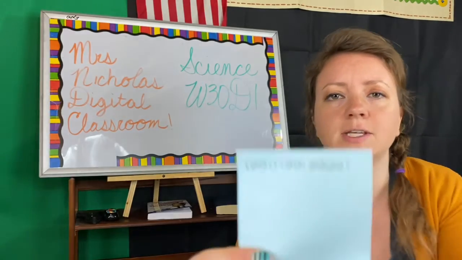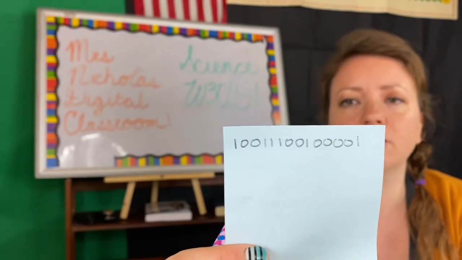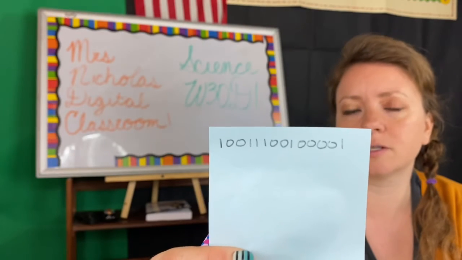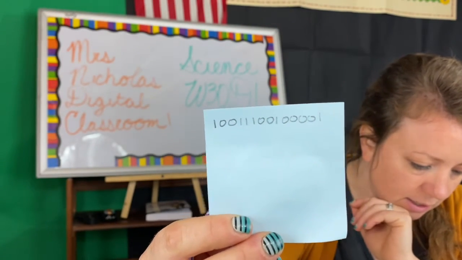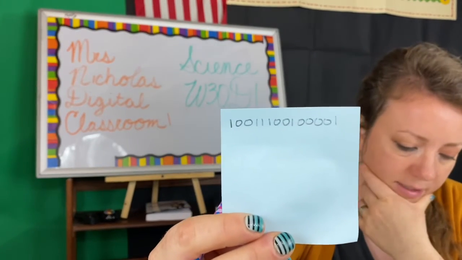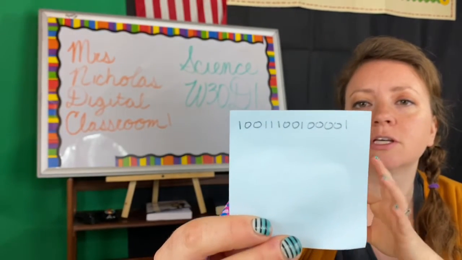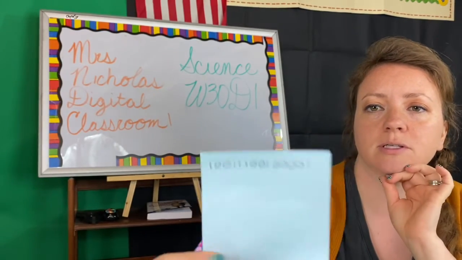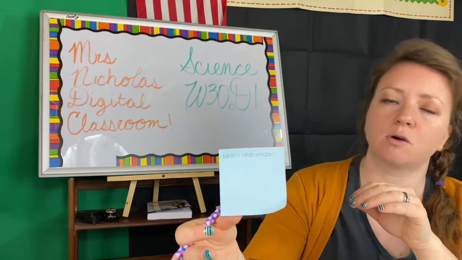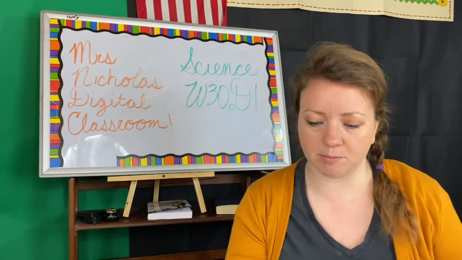Basically it's just a whole bunch of zeros and ones. So 1 means that the switch is open, and 0 means that the switch is closed. So it's sending different codes to open, close, open, close. Does that make sense? Okay, so that would be binary code.